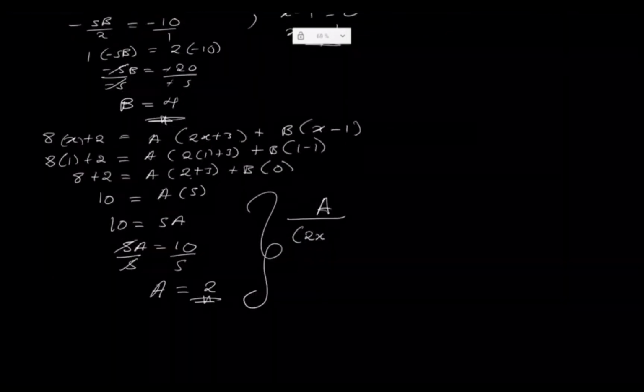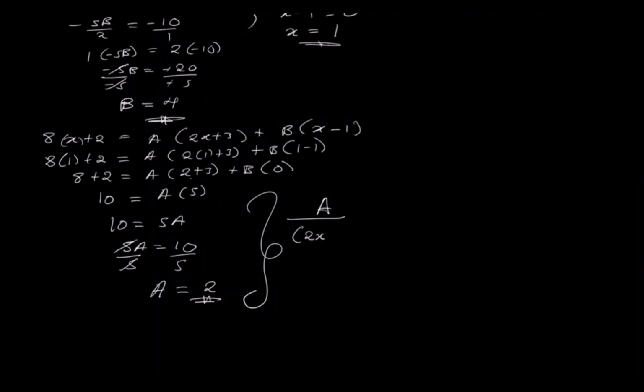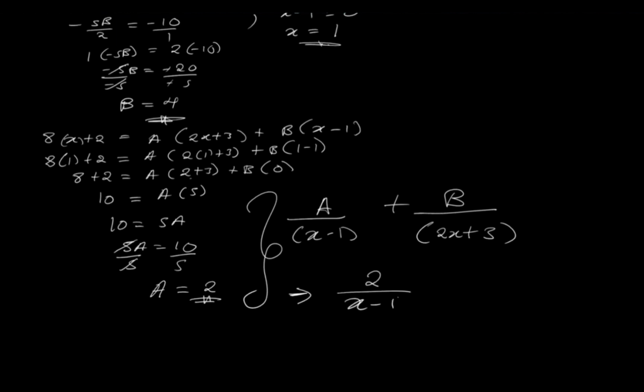Now that you know the values of a and b, you can just plug. The value of a is 2 over x minus 1, plus the value of b is 4 over 2x plus 3. So now that's how you go about it. This will be your final answer.